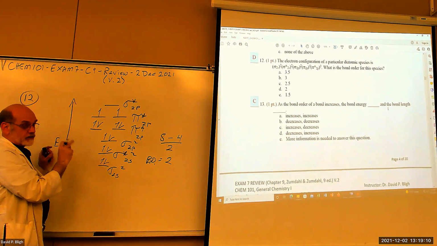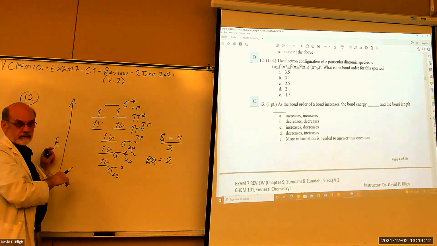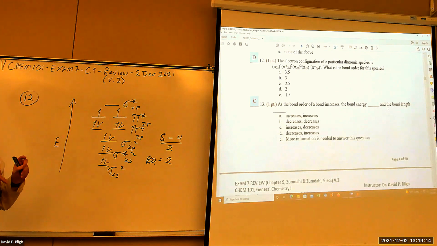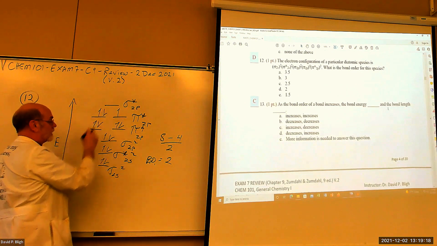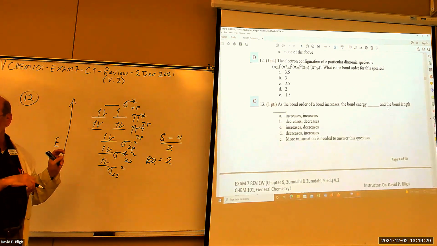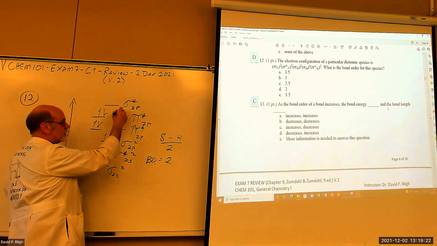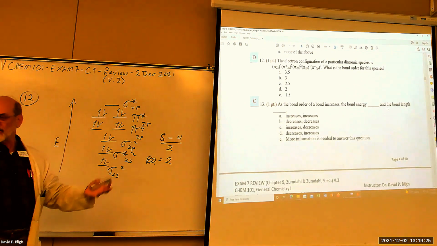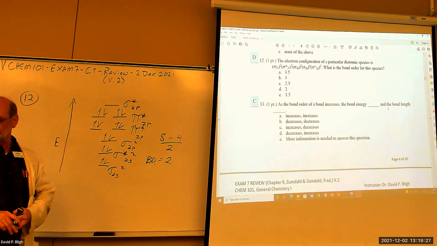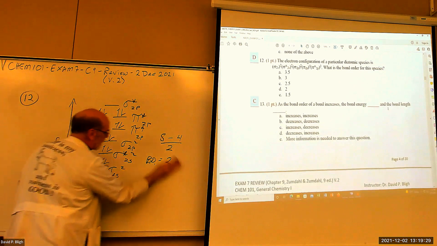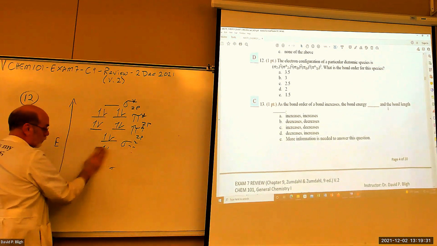If you only have 2 electrons go in there, they're unpaired, which means it's paramagnetic. If you have another electron in there, it's still paramagnetic. But if we have another electron, now they're all paired, it's diamagnetic. It also changes the bond order.